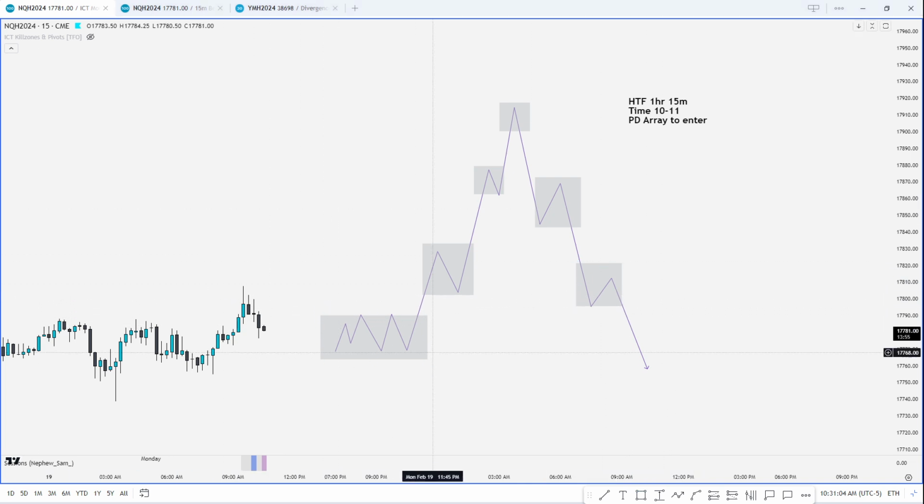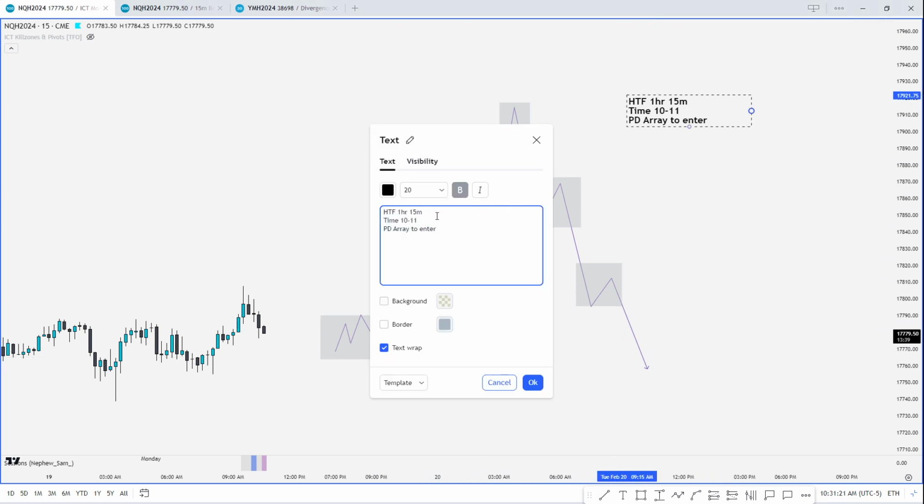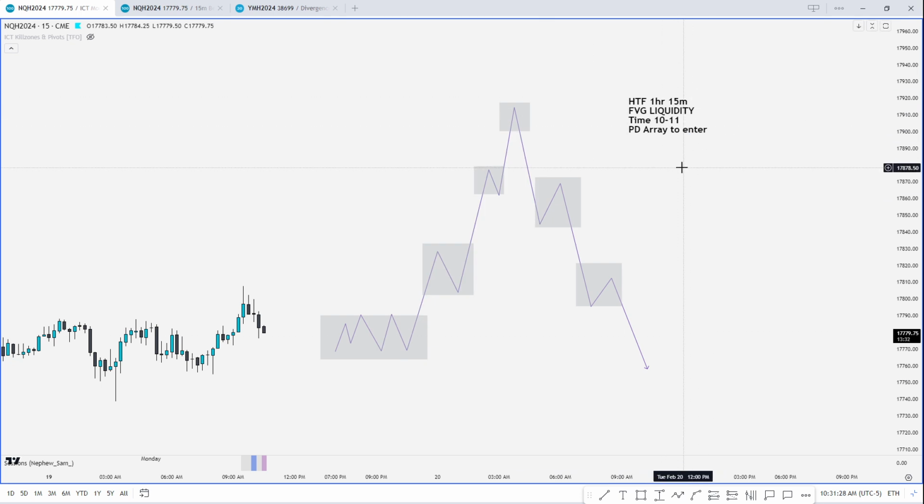Now, I'm sure you guys are familiar with all this stuff, but by identifying where we are in the MMXM relative to wherever price is opening at a specific time, it becomes much easier to anticipate the draw on liquidity as we reach down there. And obviously, our higher time frame draw on liquidity is either going to be a fair value gap or liquidity pool. And those are the only two we're ever going to be targeting, right? Inefficiency or liquidity.